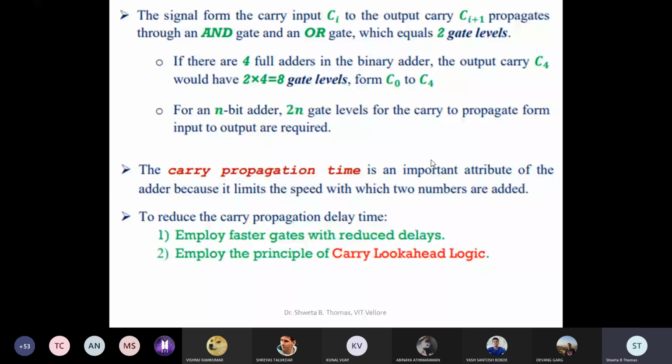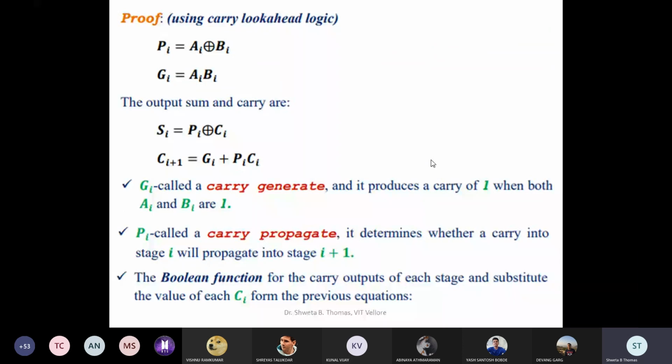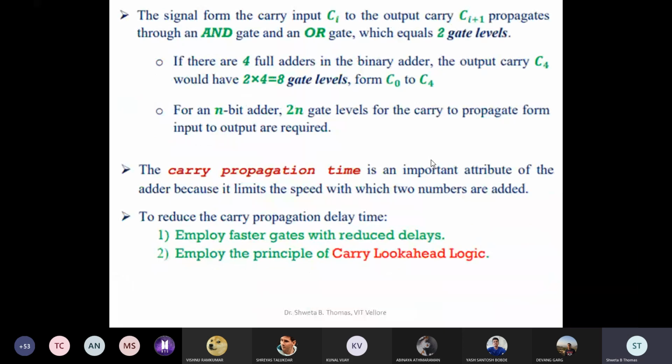So what we need to do to enhance the speed is employ faster gates with reduced delay and employ the principle of carry look ahead logic. We'll discuss this in the next class, because this is very important. Carry look ahead generator is also called carry look ahead logic.